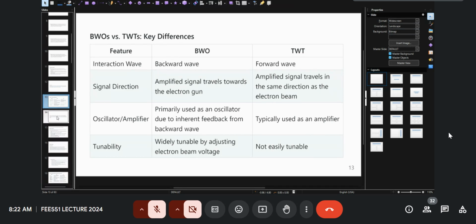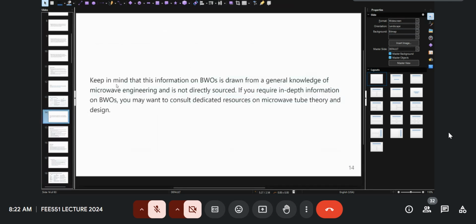And what I've given, I've not gone in depth. This is just general surface knowledge of BWOs. If you're interested, you can go to sources that talk about BWOs. Majorly, I found a book on electronic circuits and devices, having detailed graph work of this and its behavior.